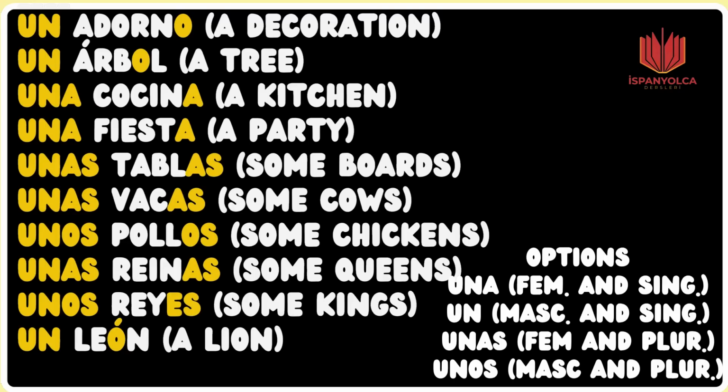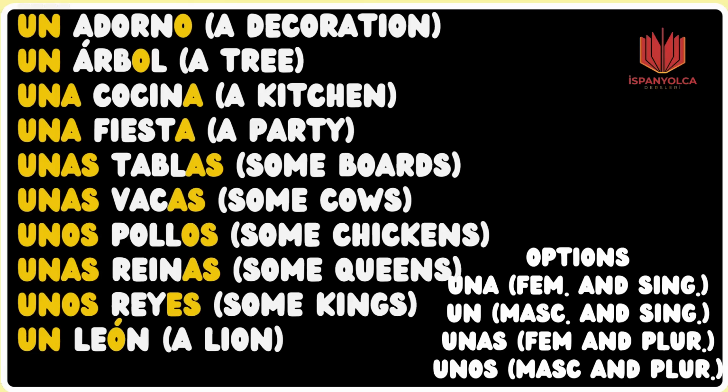Unas tablas. Tablas is feminine and plural because it ends with an A and an S. That's why we have to use unas. Unas vacas. Vacas is feminine and plural because it ends in an A and an S. That's why we have to use unas.